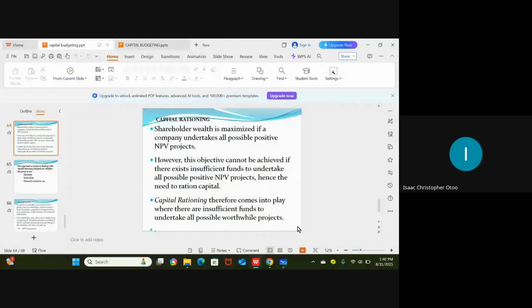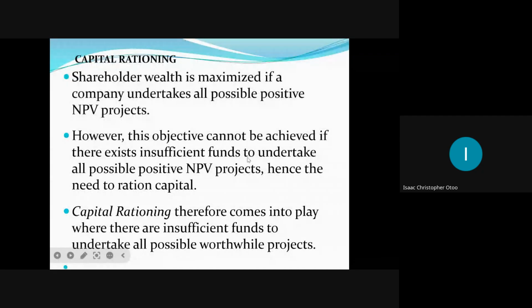Then let's look at what is called capital rationing. When you say you are doing rationing, it means that you are taking proactive measures in order to deal with an insufficient amount of funds to achieve an optimal project.